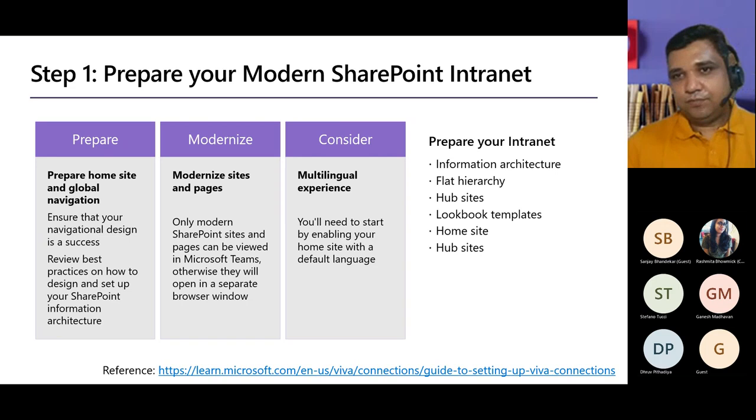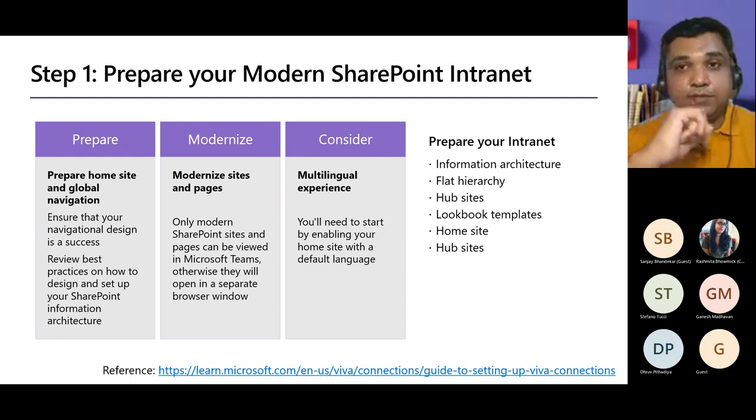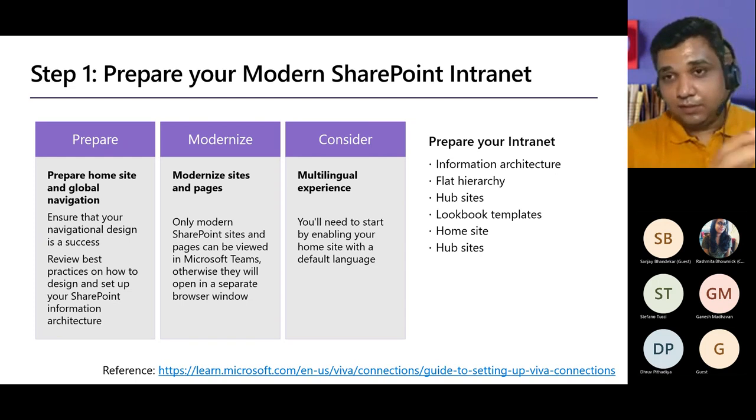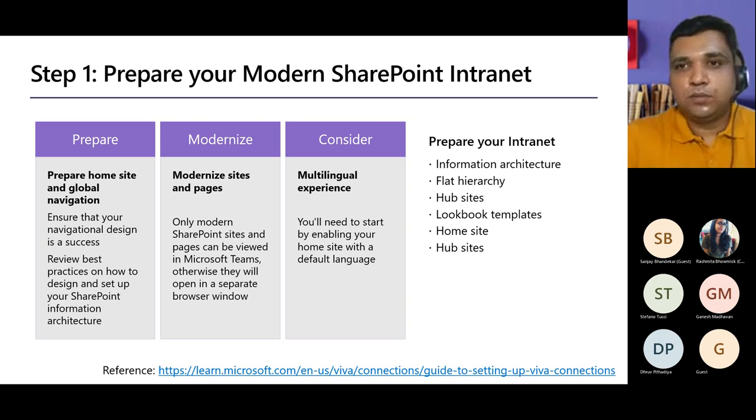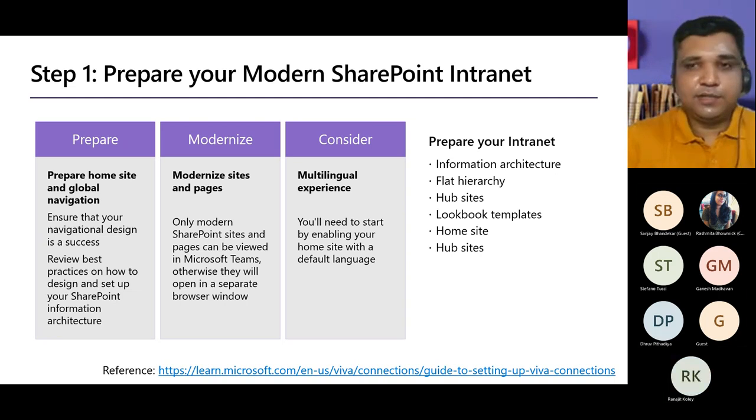All right. So these are a few of the things that you need to consider while you are preparing your intranet in SharePoint. Consider your information architecture. Go ahead with a flat hierarchy, because in the past we used to create sites, and below that we used to create subsites. But there are flaws in that kind of architecture if you are still doing that, so always prefer flat hierarchies.